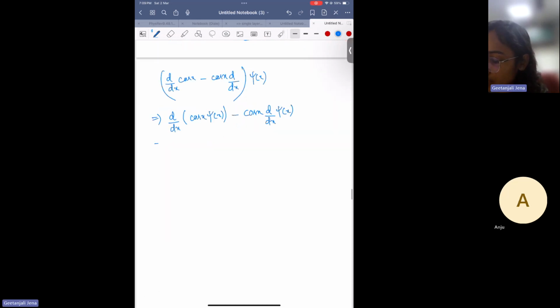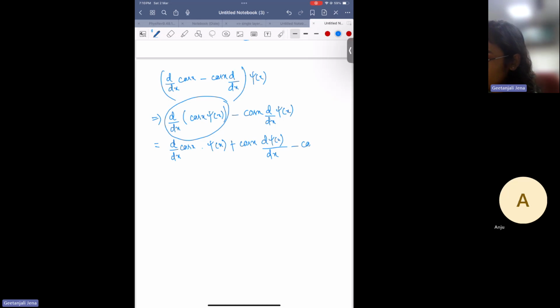Using the product rule, the first term is d by dx of cos x multiplied by psi of x plus cos x times the derivative of psi of x.